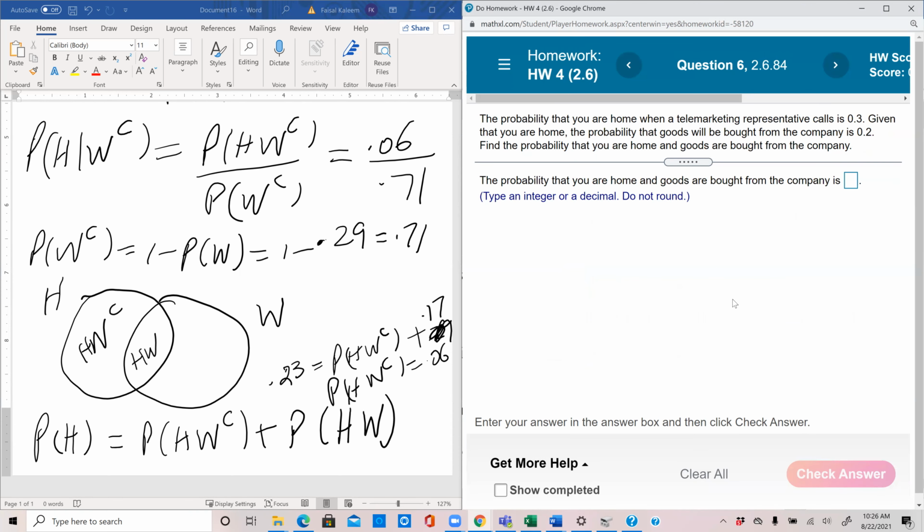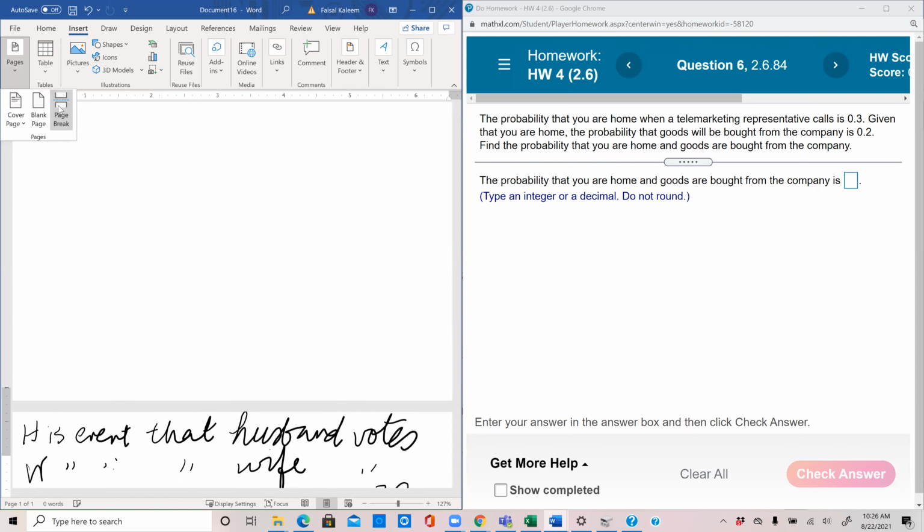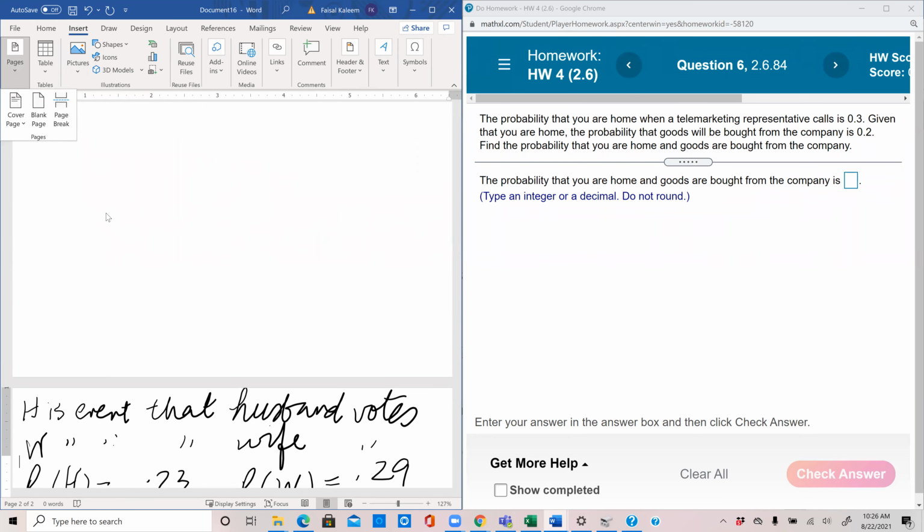The probability that you are home when a telemarketing representative calls is 0.3. And given that you are home, the probability that goods will be bought from the company is 0.2.